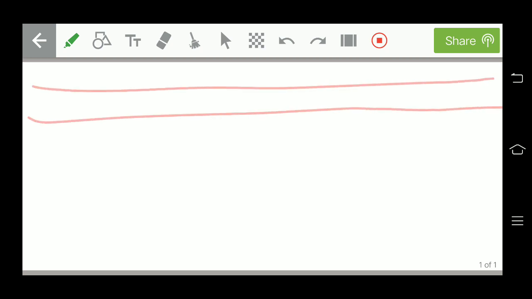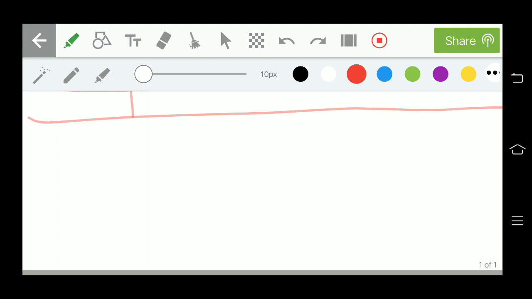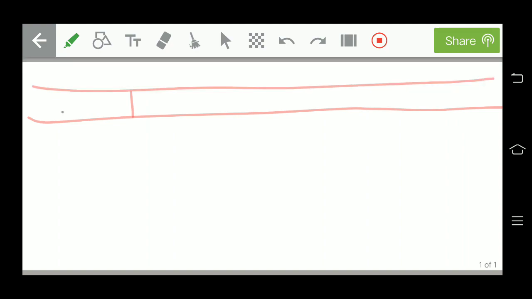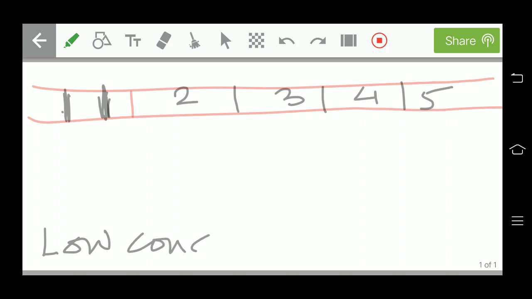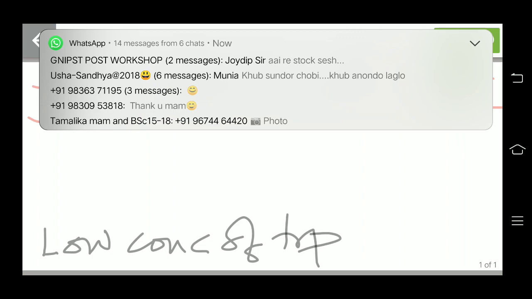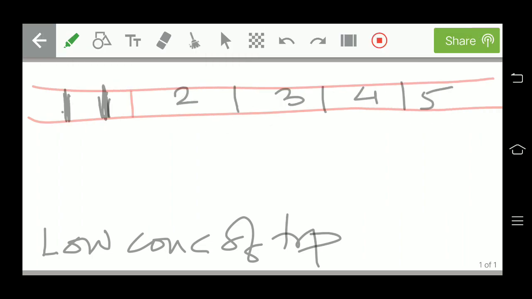So first I draw the leader sequence, and in the leader sequence you know that there are 2 sides, and these sides are basically your tryptophan codons, 2 tryptophan codons, and this is your 2, 3, 4, 5. Now when there is low concentration of tryptophan, what will happen?